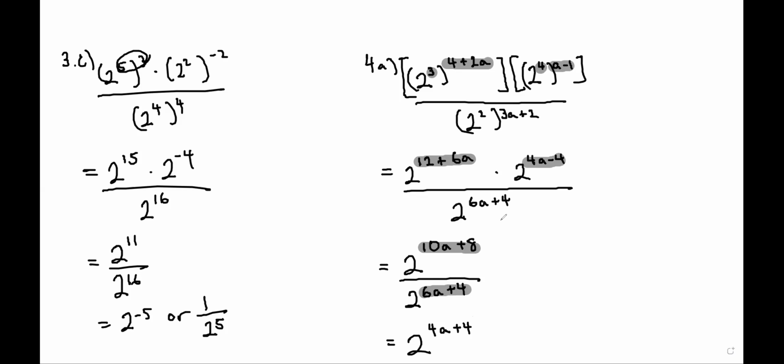Any questions? I have a question about that answer. Could you factor out a 2 and then make it 4 to the 2a plus 1? Oh, you mean like this? 4 to the 2a plus 2. Yeah.